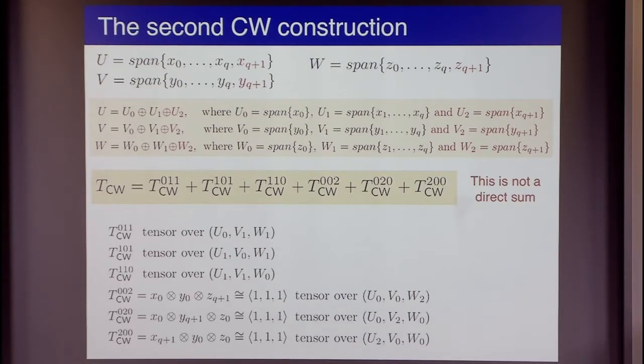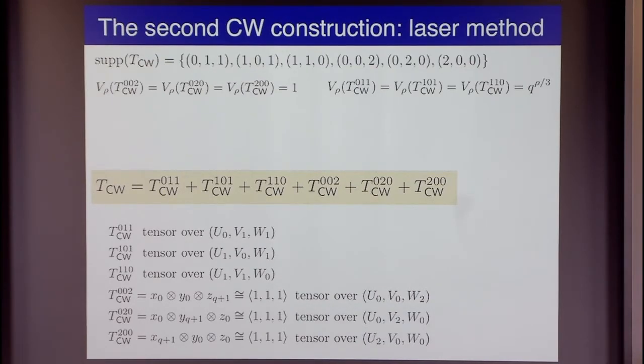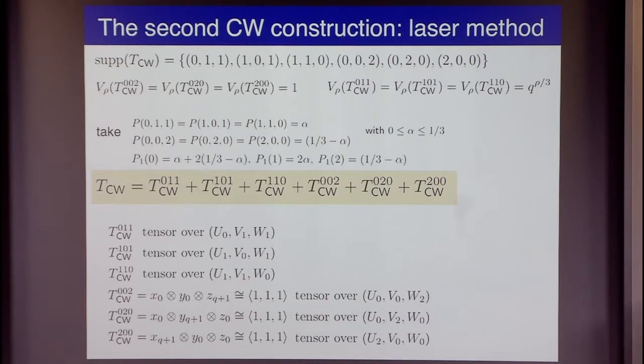And again, it's not a direct sum. So the support in this case will be as before, but with these 3 additional elements. So we know the value of each component. And what we'll do, you can take any distribution, so we can take a symmetric distribution, with value alpha for the 3 values here, and the remaining will be value 1/3 minus alpha, for any alpha between 0 and 1/3.